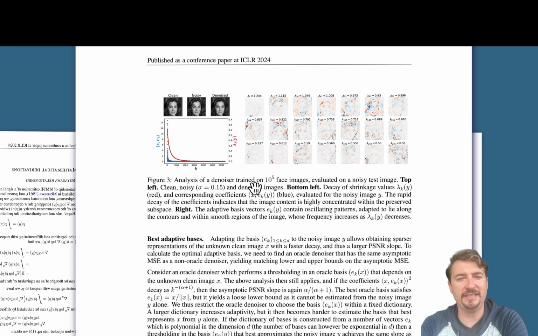So they say they analyze the denoiser trained on 100,000 face images, right? And they evaluate it on a noisy test image. So you've got the clean, noisy, and the denoised image. The bottom left shows the decay of shrinkage values. Okay, so what the authors believe is happening is those eigenvalues are controlling the directions along which the learning takes place, along those eigenvectors.